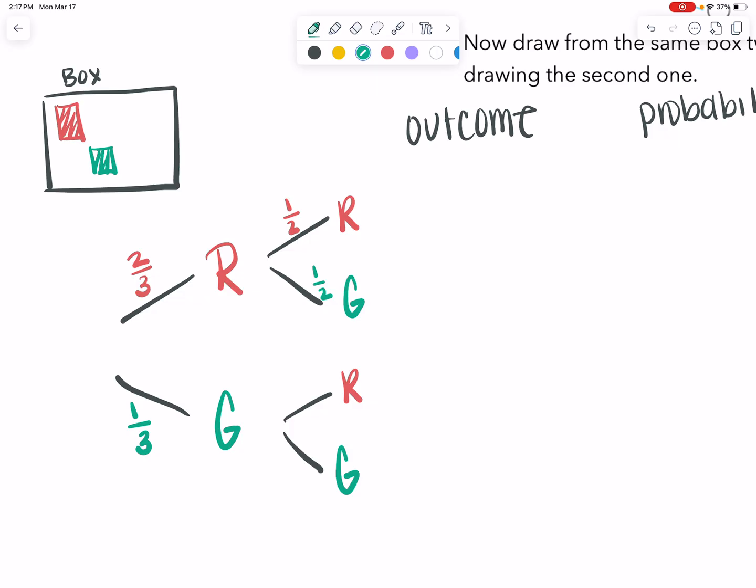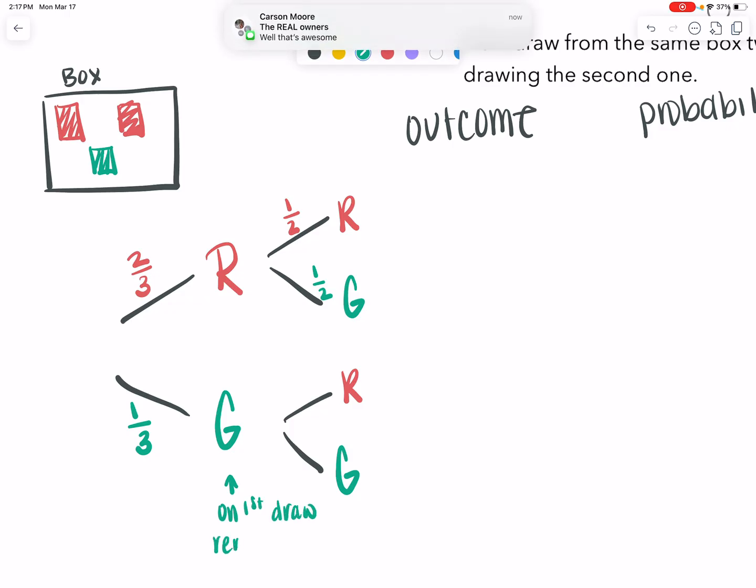Now this next one says, all right, on my first draw, I drew a green cube. So let's write that. On first draw, removed a green cube. All right, so now what I'm looking at is I have taken out a green cube.